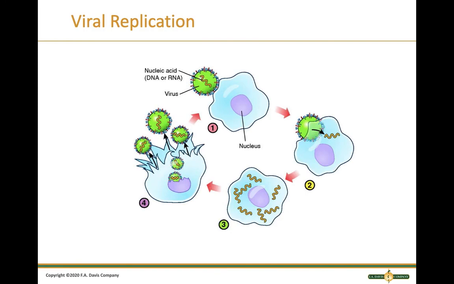Then the virus uses that cell's ribosomes to make viral proteins, and then the virus proteins are packaged into a virus, and then they're going to be released from that cell, and it usually destroys that cell in the process. And a single cell can produce 10,000 to 50,000 new viruses in as little as 48 hours.